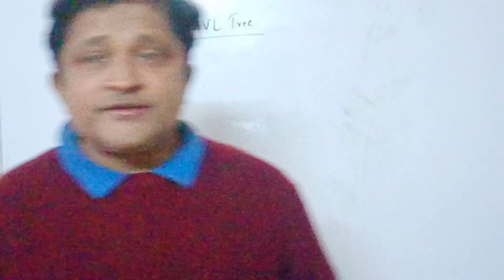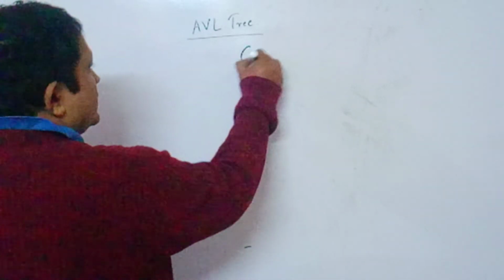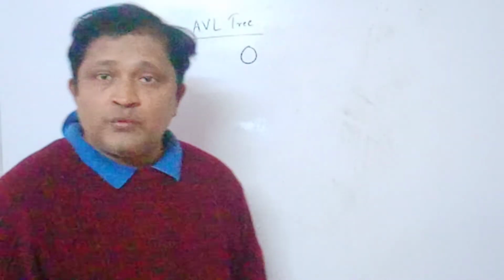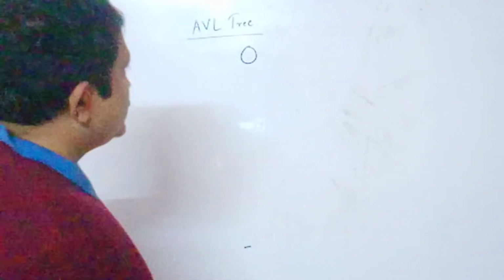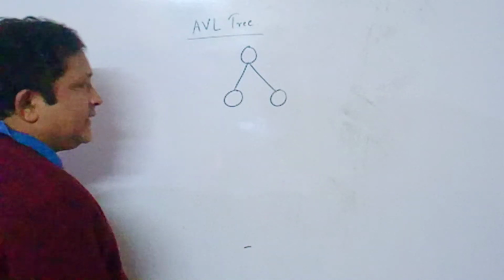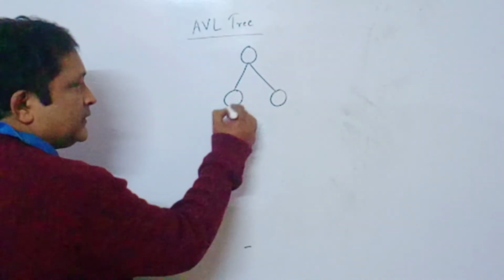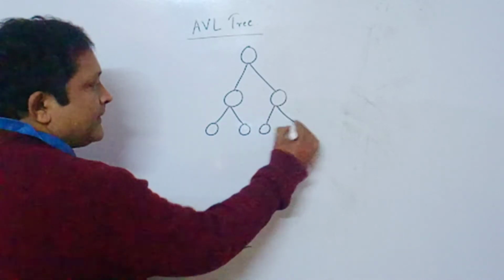The binary search tree is a tree where each parent node should have at most two children. At most two children. So we have it like this. Again, this parent node should have at most two children like this.